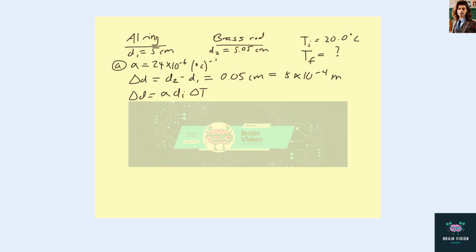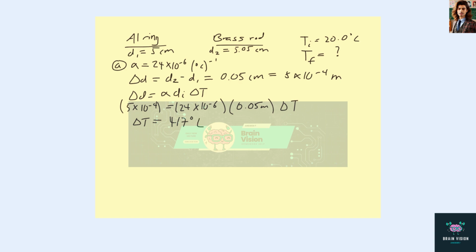We can plug in our numbers. 5 times 10 to the negative 4 is equal to 24 times 10 to the negative 6 times the initial diameter of the aluminum ring, which is just 5 centimeters or 0.05 meters, just writing meters to make it extra clear, and then delta T. Solve this for delta T and find that it is 417 degrees Celsius.